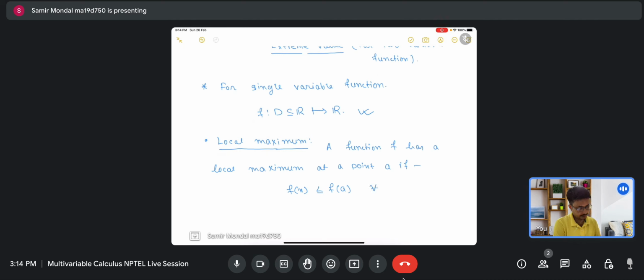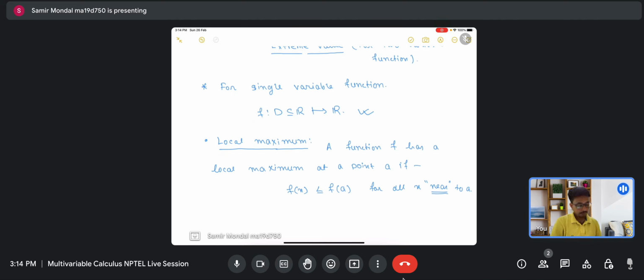or we can write it like that, for all x near to A. So what do we mean by near to A? Why are we using this term?